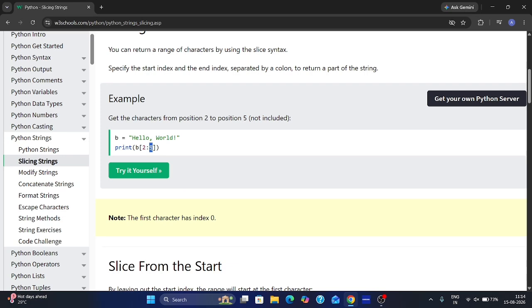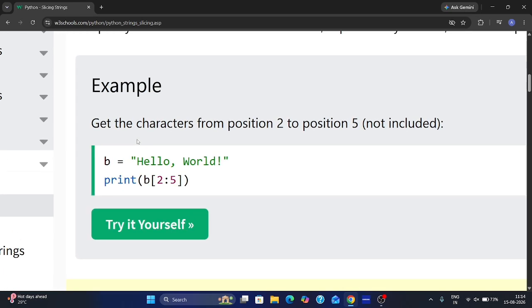Let me show you an example. p is equal to "Hello, World". Start from 2. This is our index 0, H is index 0, and this is our index 2. We have to go up to 5, but you don't include the fifth character.